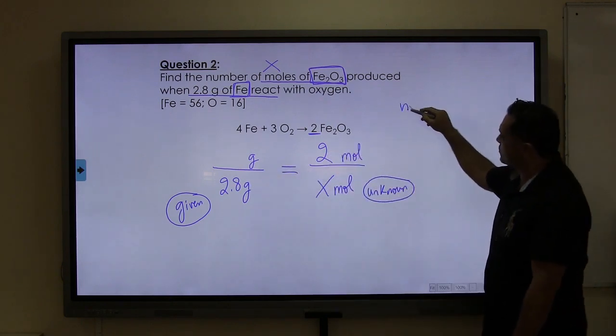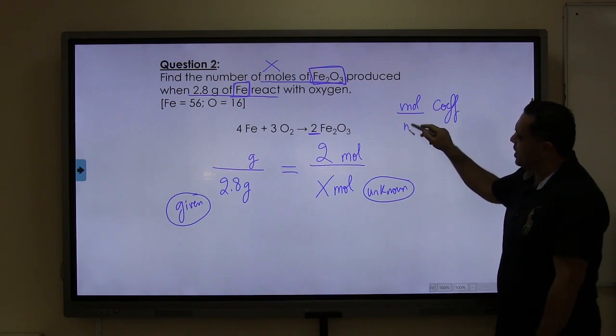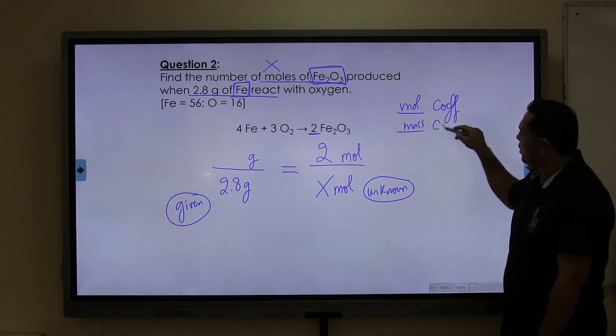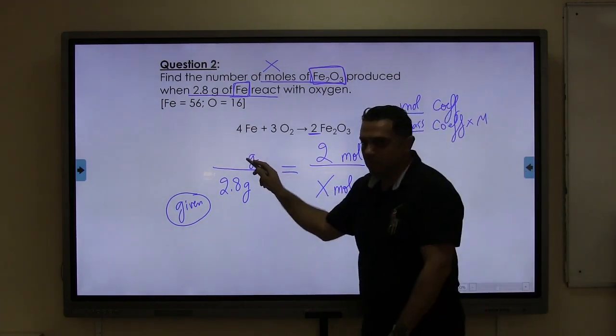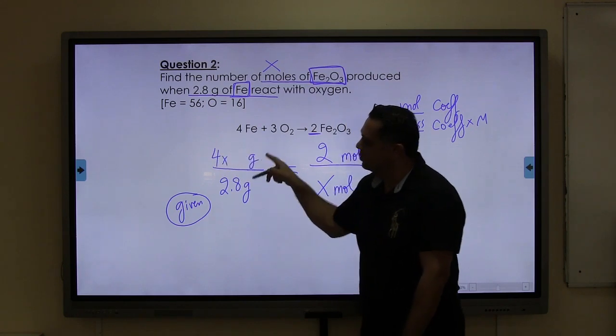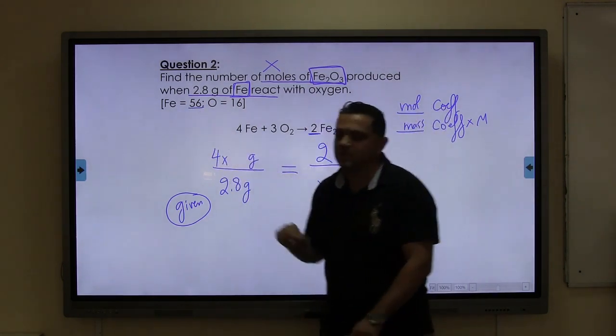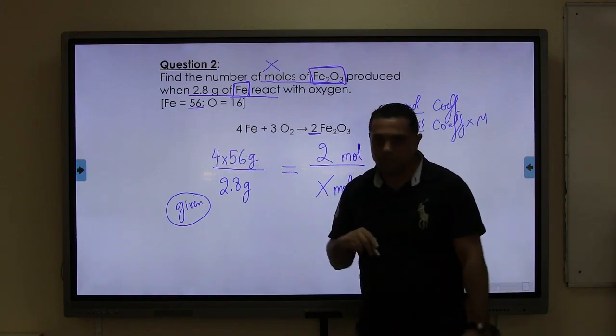For the mass, it will be coefficient times the molar mass. So coefficient is 4 times the molar mass for iron, which is 56. And in this case, we write 4 times 56.